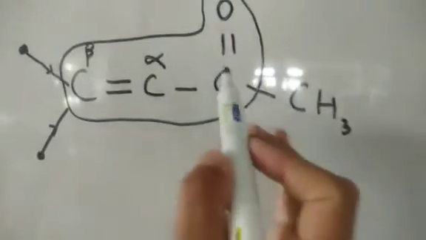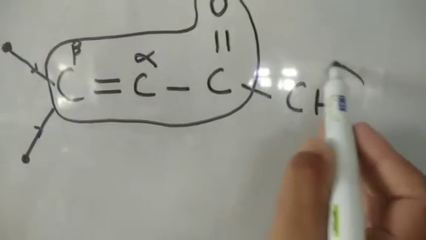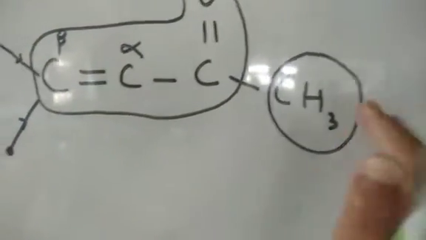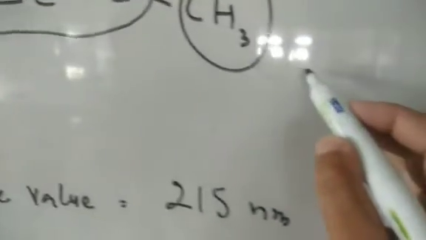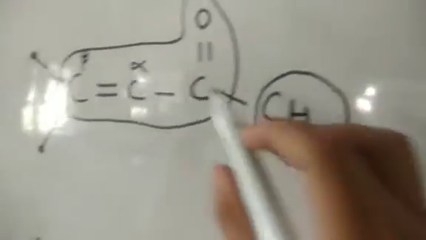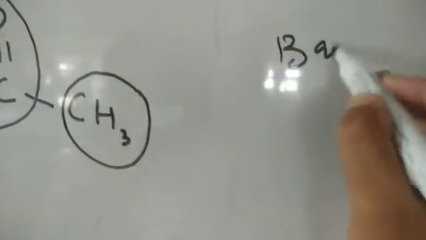Now remember a little: if at this carbonyl we have a different group other than alkyl, say H, this is very important, the base value changes.